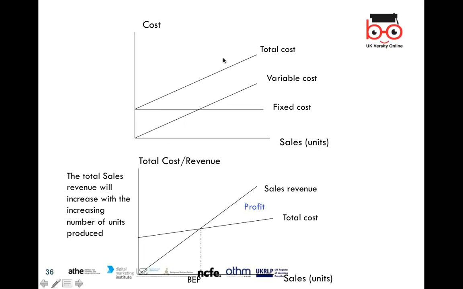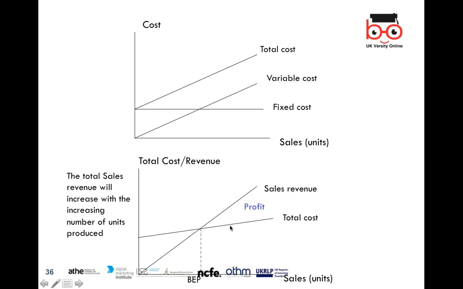So when the sales revenue line and the total cost line intersect at one point, that's our break-even point. This area is our loss zone, and that area is our profit zone. And this is the no profit, no loss point.